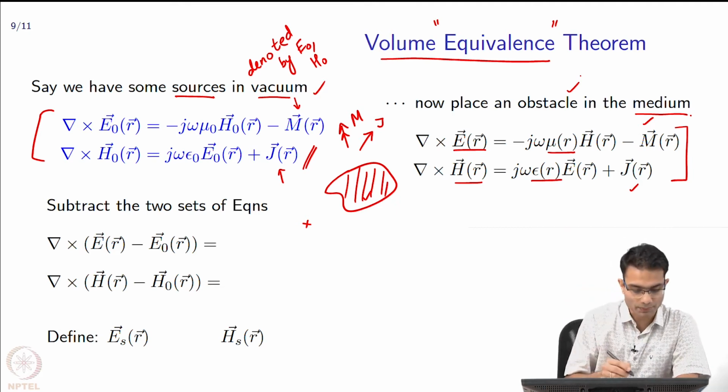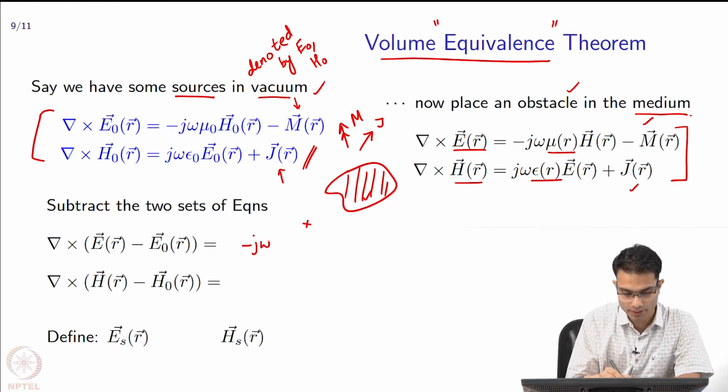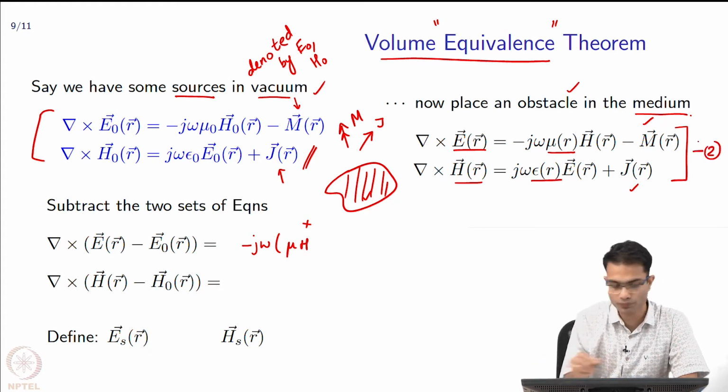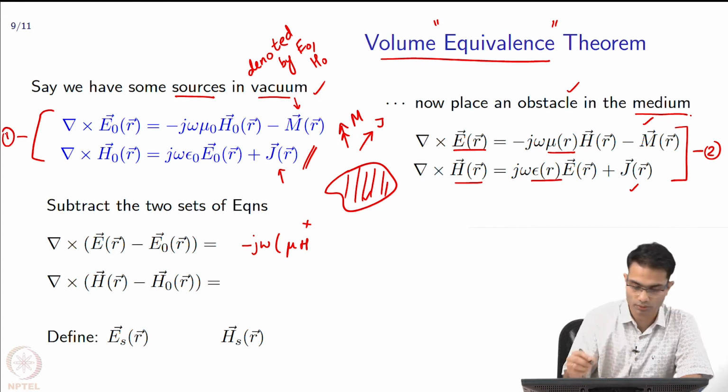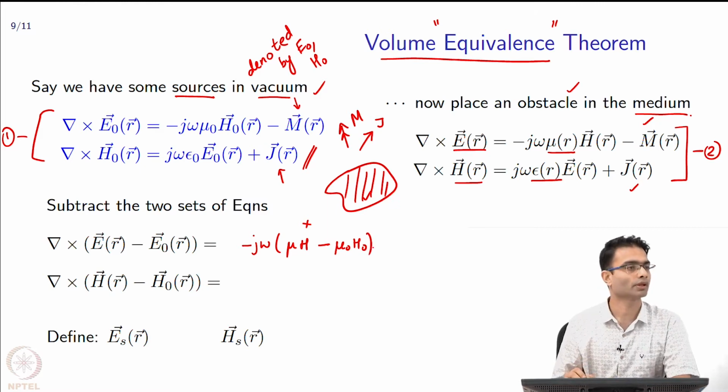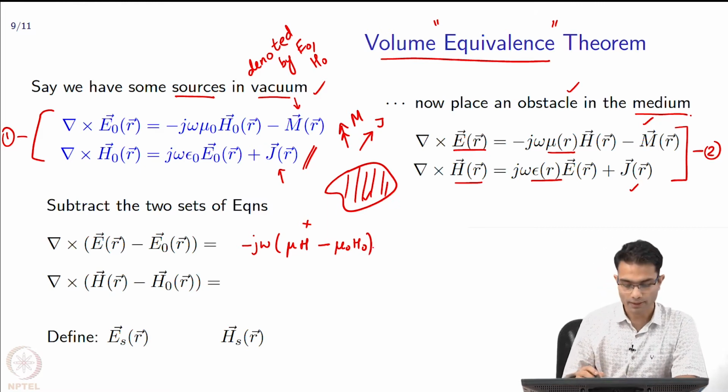So, if I subtract these two equations, I will get a minus j omega mu H, because I have subtracted 2 from 1, minus mu naught H naught. The M terms vanished.